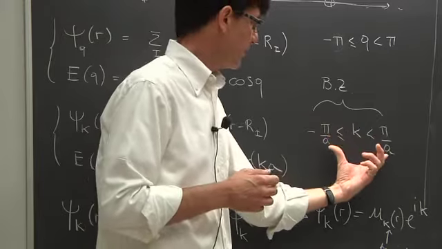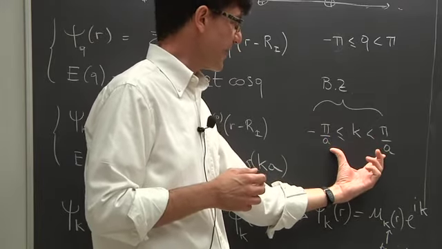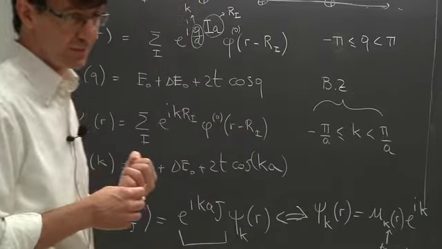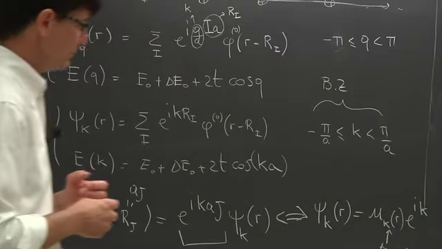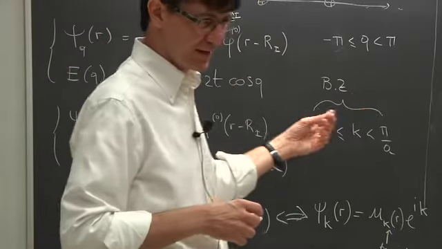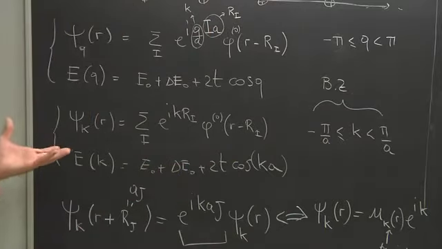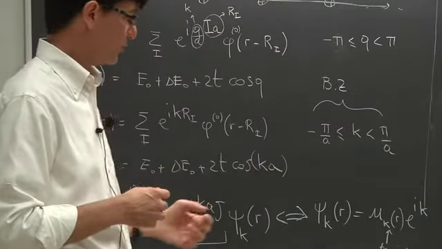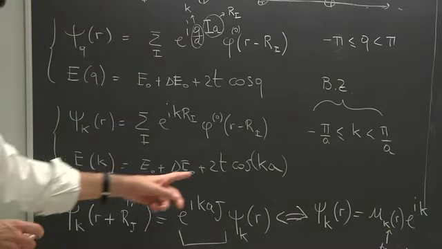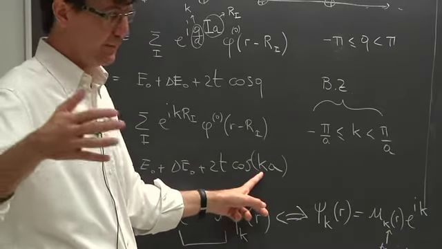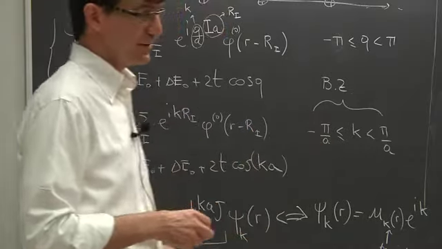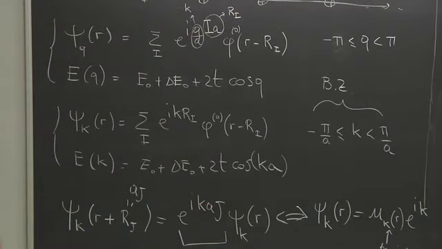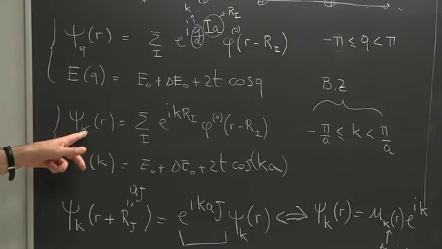Not only that, but this range of k's corresponds to the unit cell of the reciprocal space. We didn't introduce this terminology before, but now it becomes clear that this was exactly what I'm saying. This function has periodicity 2 pi over a times n, which is the periodicity of the reciprocal lattice in one dimension. This is the unit cell in one dimension. So I can rephrase these statements by saying that solutions can be classified according to a quantum number k.